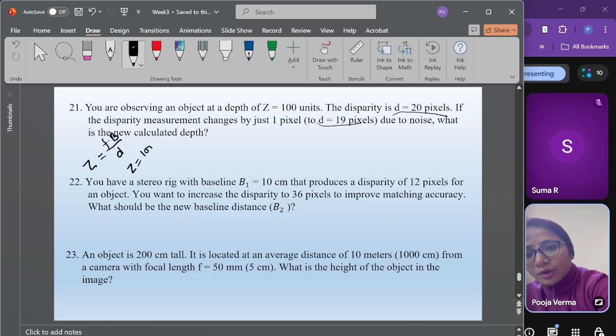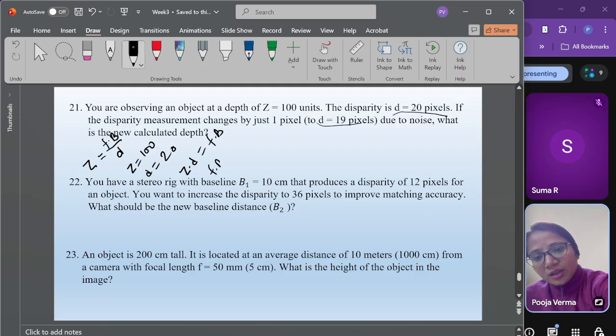Z is equal to 100 and D is equal to 20 pixels initially. Now due to noise, if the disparity is reduced by 1, then the new disparity is 19. If you make a relation, Z into D is equal to FB. Let's say F and B are constants, or directly you can calculate. You will get 2000.